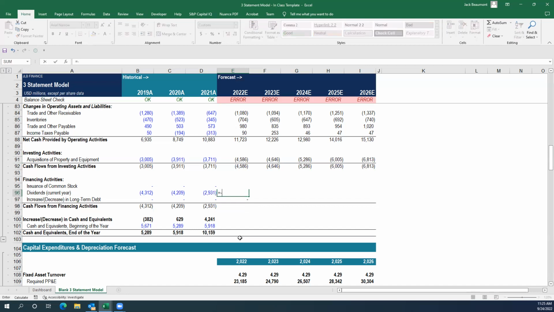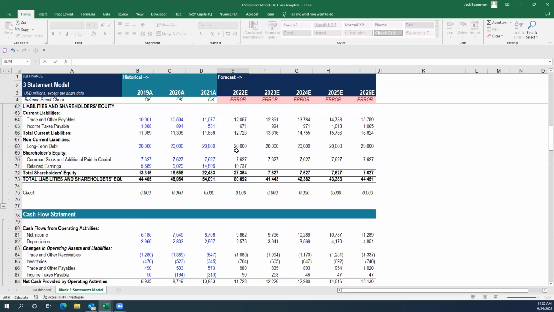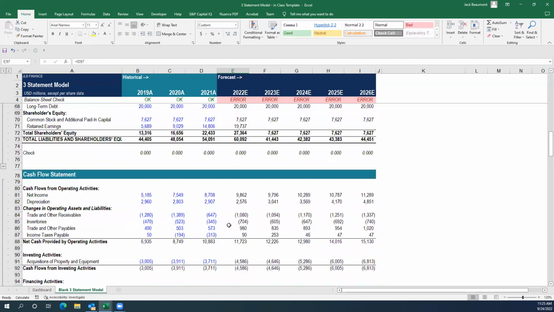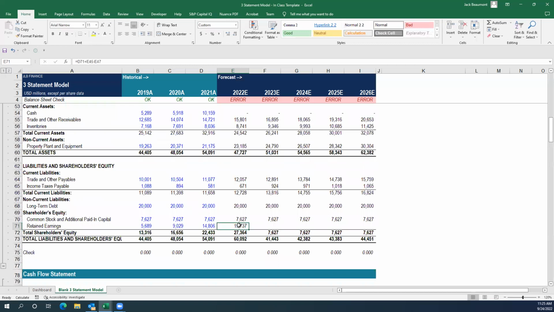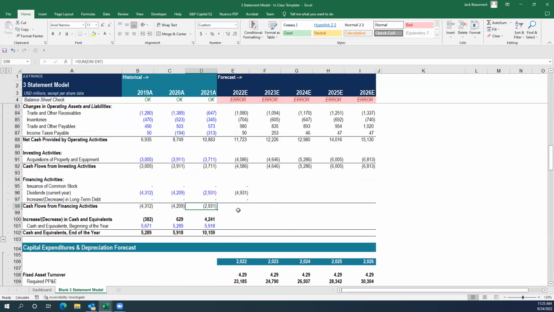Now we did pay dividends, so put a negative there and go up to our income statement. And I'm just seeing that I haven't filled across retained earnings, so make sure you do that. Okay, so now we have that done. Copy that across.